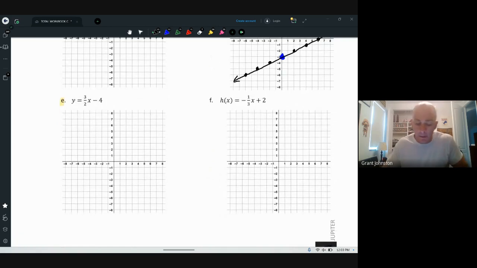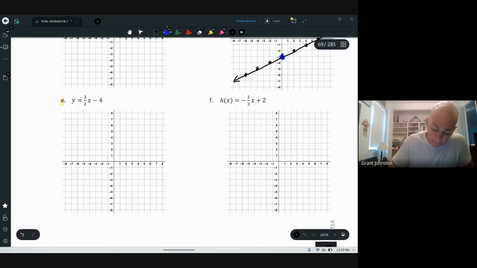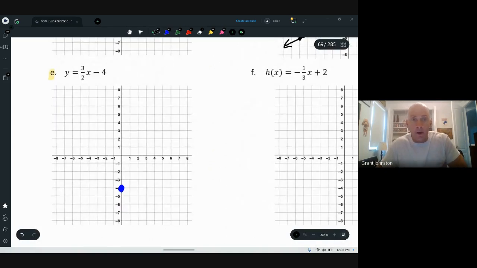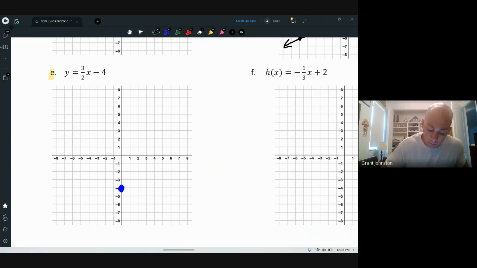Let me do another one, E. This one, the y-intercept's negative 4. And the slope is 3 over 2. So that means we're going to go up 3 over 2, up 3 over 2, and that'd be here. Up 3 over 2. Let me put another dot down here.